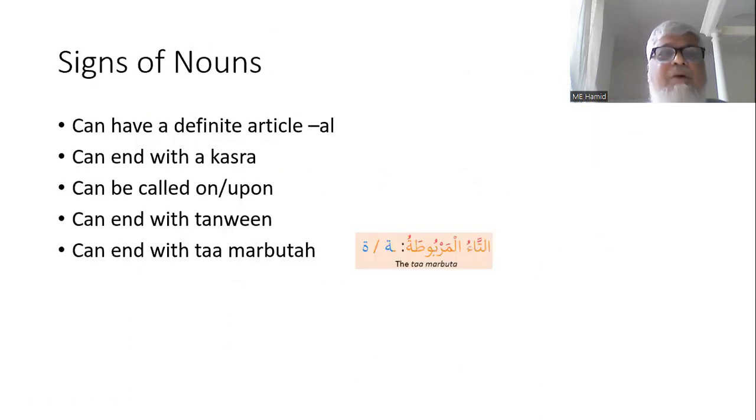All right, so is there any way to identify what a noun looks like? I put a few clues for beginners to identify a noun in the Arabic language. One is the definite article, alif lam, before the word. If a word starts with alif lam, then it is definitely a noun.